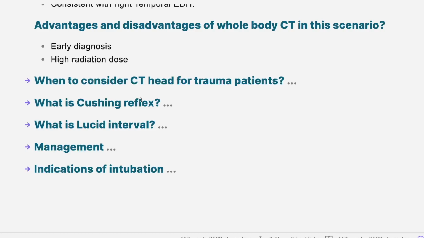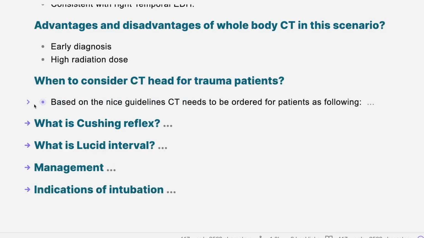Within the first 8 hours, if the patient had a dangerous mechanism of injury, or old age more than 65, or is on anticoagulant medication, or has any bleeding disorder, or if the patient deteriorated with a drop in GCS within that time, these will be other indications to get a CT scan within 8 hours.